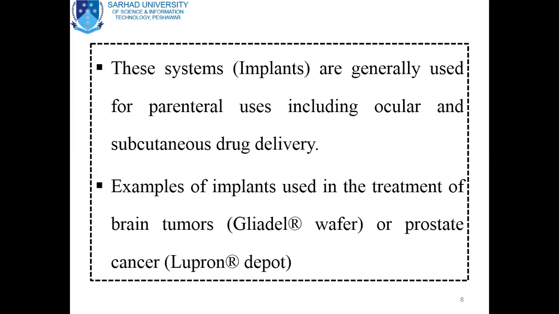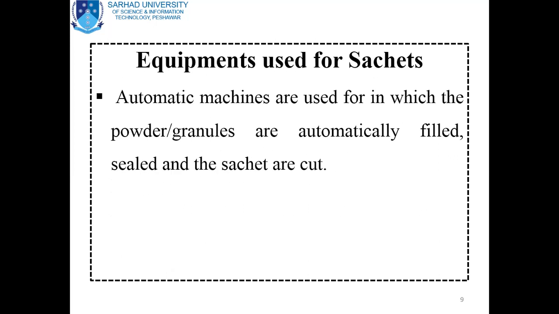A prostate cancer treatment is done by using the marketed product, the Zoladex depot. You have heard about the injection depot. Injection depot is also a prolonged release of drug, which is used for the patients.